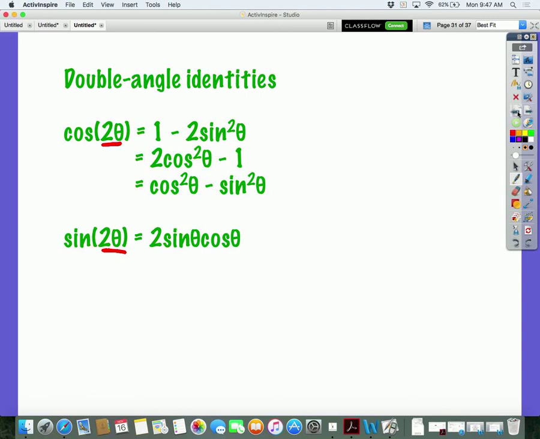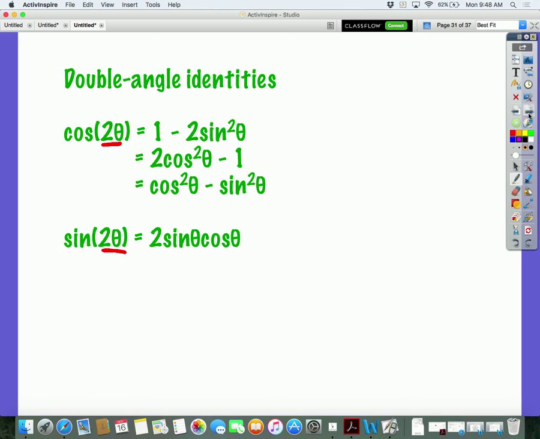So realize you can use any one of these 3 because your first thing you had to do was find cosine, right? So now we can honestly use any of the 3. Now I'm glad you guys did say the first one, because it's easier. Well, technically you already did the work to find cosine, so honestly any one of them would be easy. But at least this way, by using the first one, if you did find the wrong cosine, you at least have a chance of getting this one right.